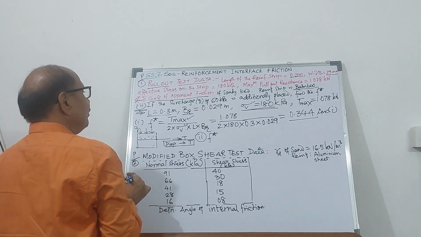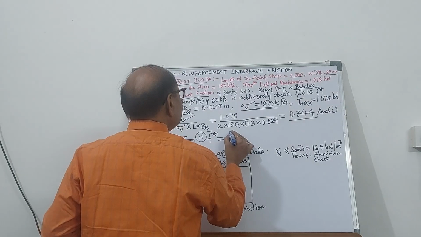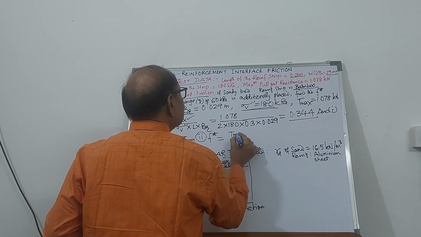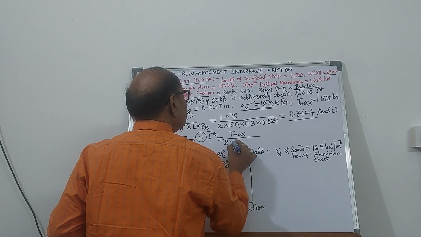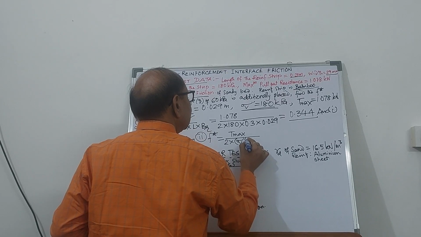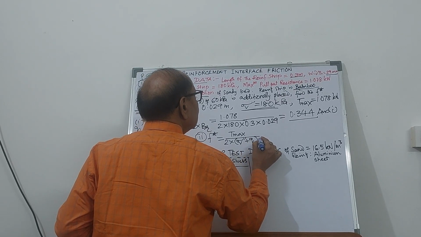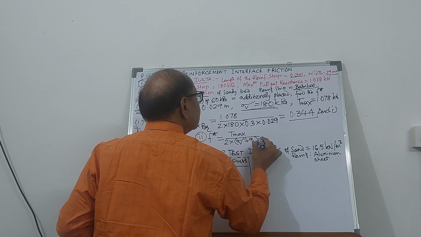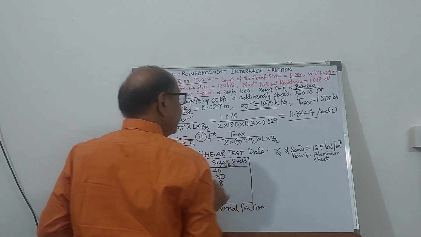It will be given by T max divided by 2 into effective vertical pressure plus surcharge, into L, the length of the strip, into b_R, the width of the strip.